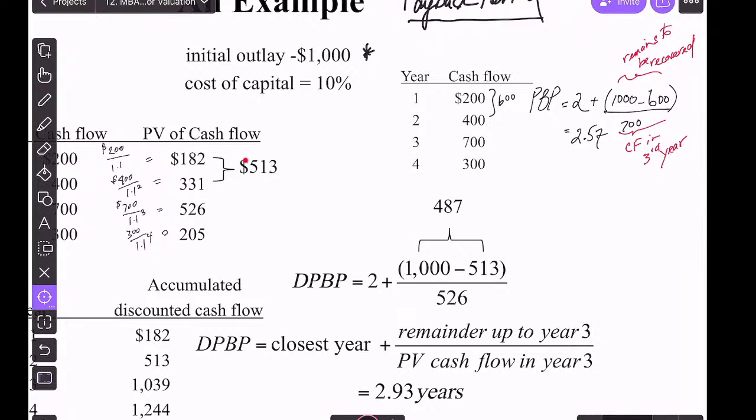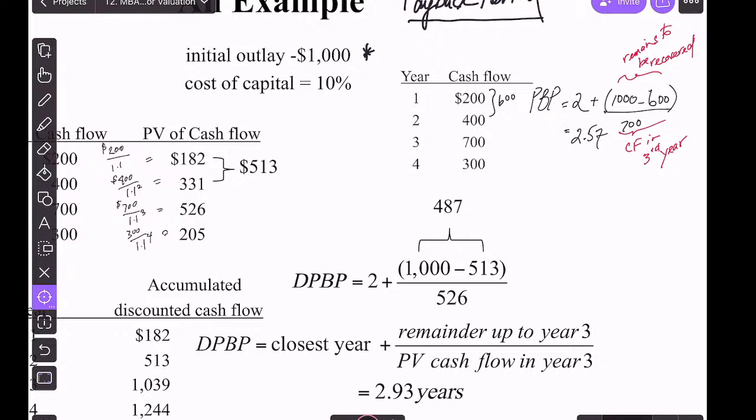So just these together would be 513, and then adding another 526 would give me 1,000. So look, closer to the end of the third year, we'll recover my $1,000 investment.